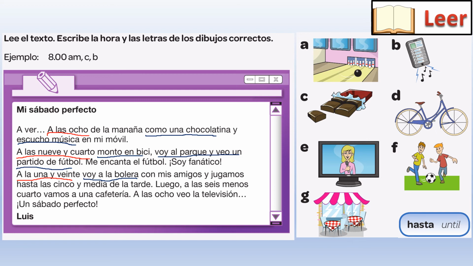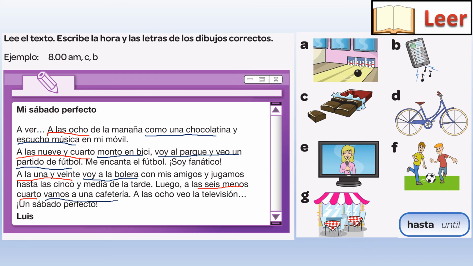And then the next time we see is las 6 menos cuarto. And at las 6 menos cuarto, so at 5:40 or 20 to 6, Luis says, vamos a una cafetería.